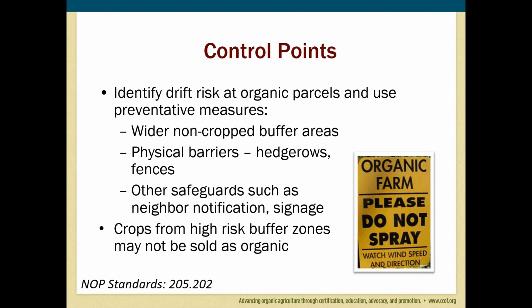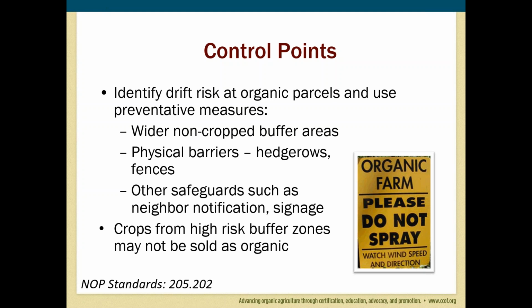So this is going to vary at every location, but in general, organic farms establish wide buffer spaces between the organic field and any neighboring fields where non-organic materials are applied. They might also use physical barriers like hedgerows or fences, and they generally take other safeguards like putting up signs, such as the one that you see here in the slide, and notifying neighbors.